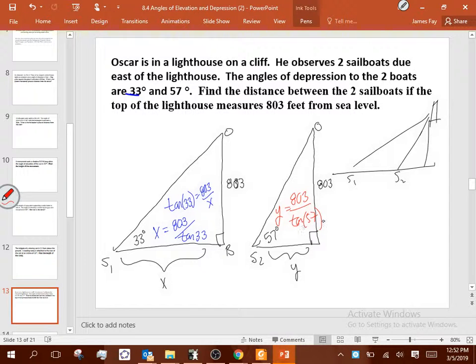Now here's my question. So doing blue here, X is going to be that distance right there, right? Y is going to be that red distance. The question asks you to find the distance between S1 and S2.